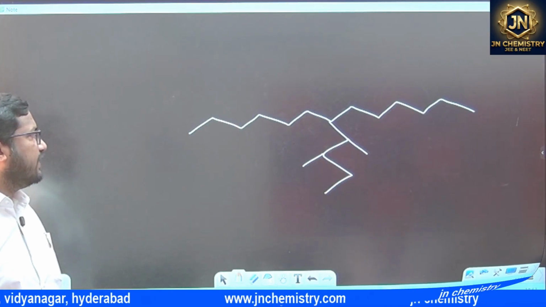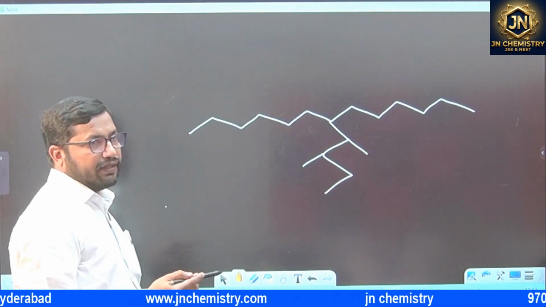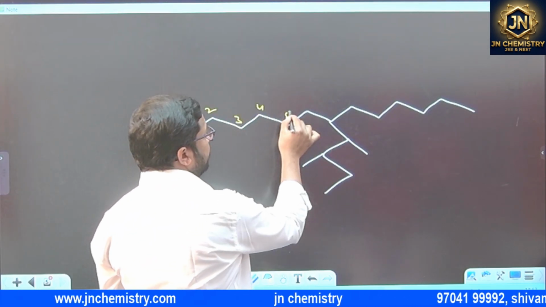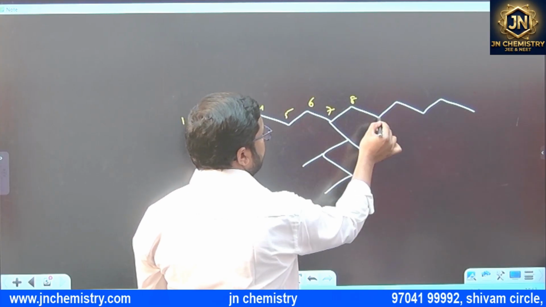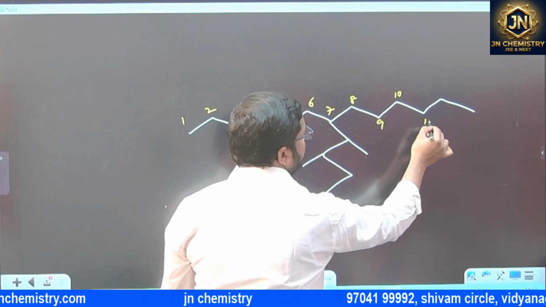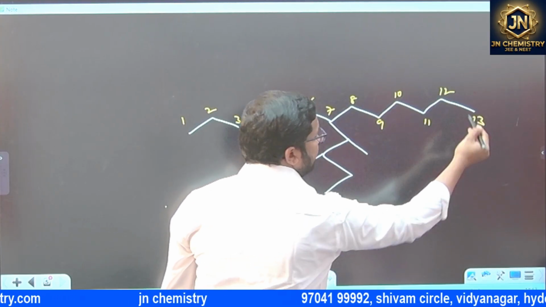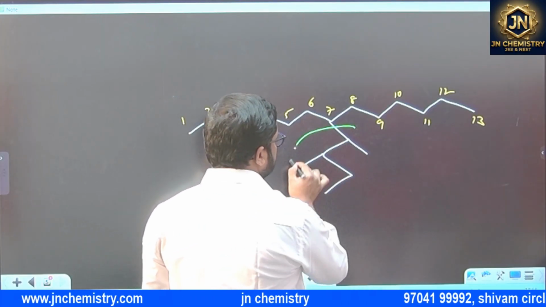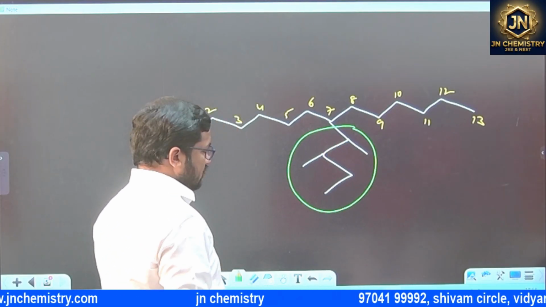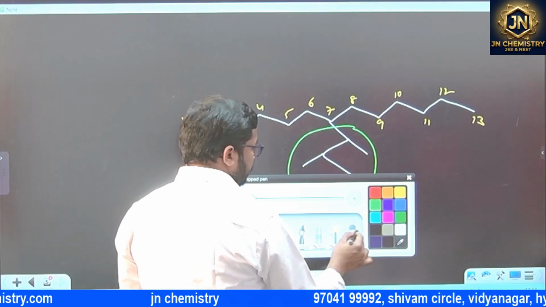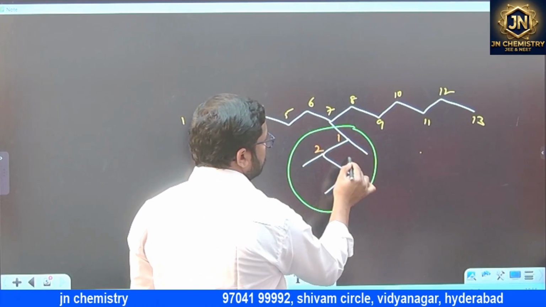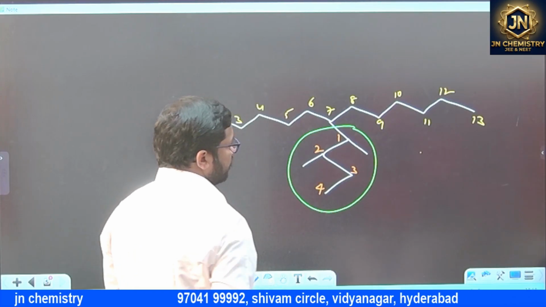For example, the compound is given like this. 1, 2, 3, 4, 5, 6, 7, 8, 9, 10, 11, 12, 13. Now this one is the substituent. Here onwards we need to start the numbering, 1, 2, 3, 4.